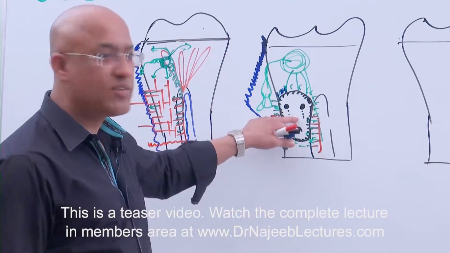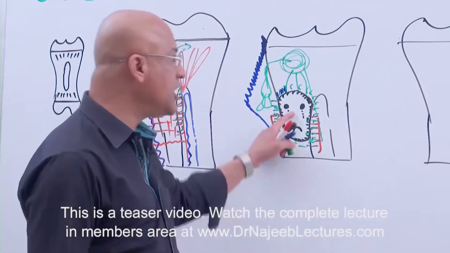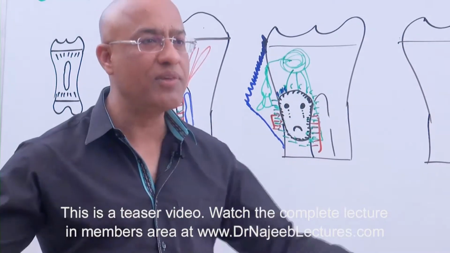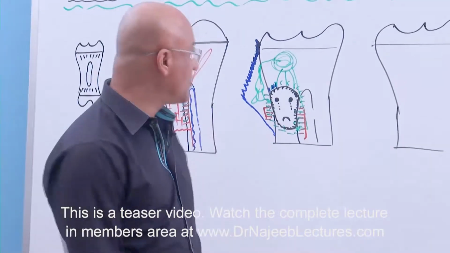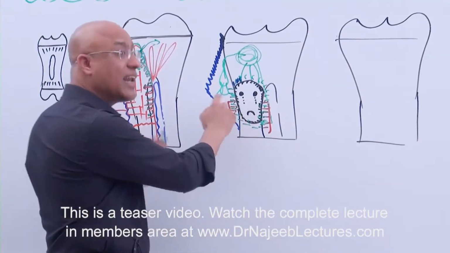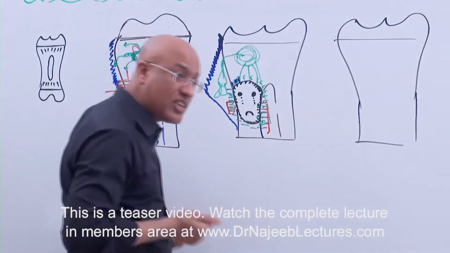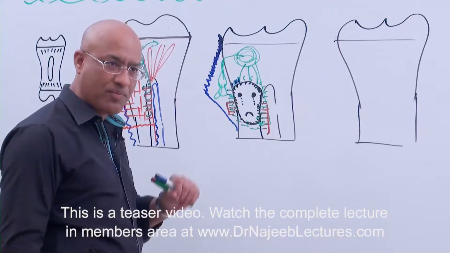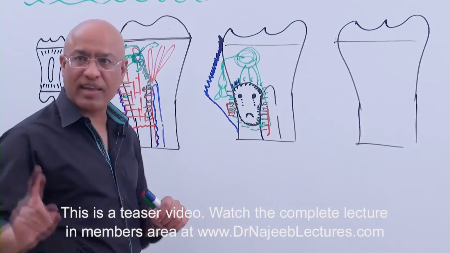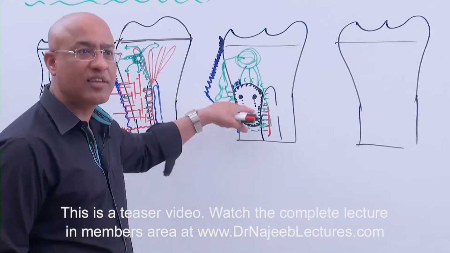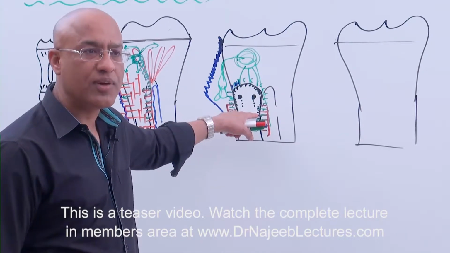So this dead piece of bone becomes the haven for bacteria, because bacteria multiply in this area, and you cannot eradicate them by just giving antibiotics or by having a strong immune system. Antibodies and antibiotics cannot reach here and eliminate this focus of infection.